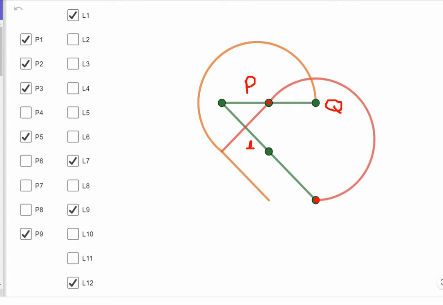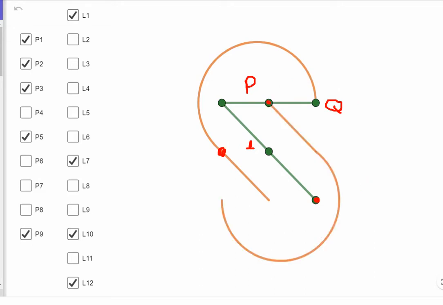Oh wait, I've got the wrong one because this is an intersection. So I need something that goes through Q that doesn't intersect P or Q. Hang on. Sorry, it's the same 2 as before.